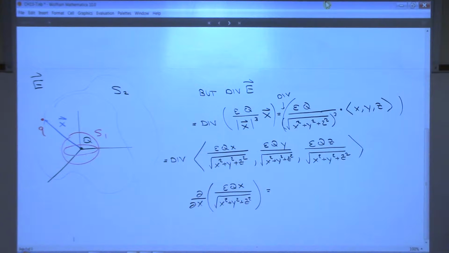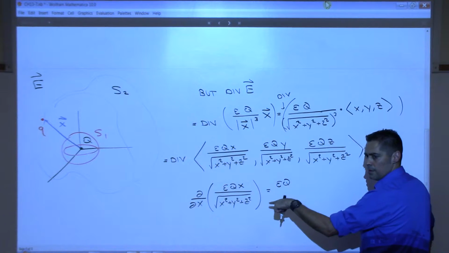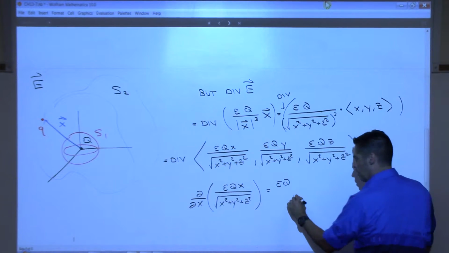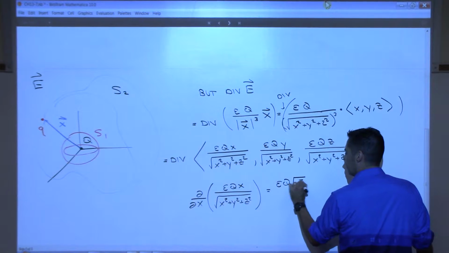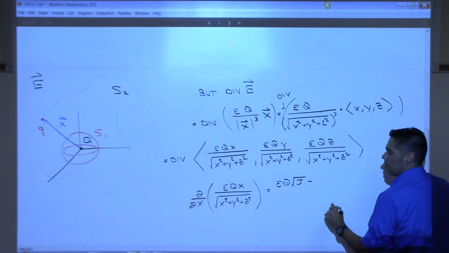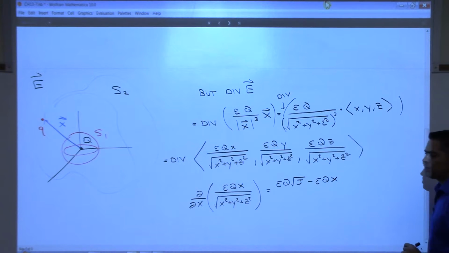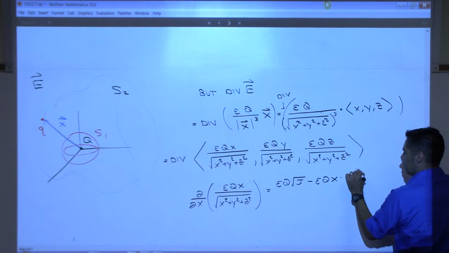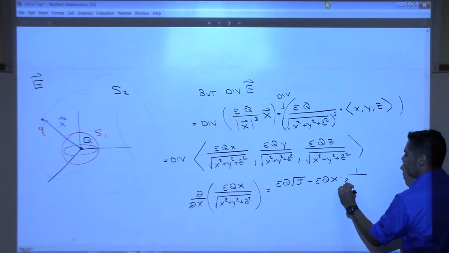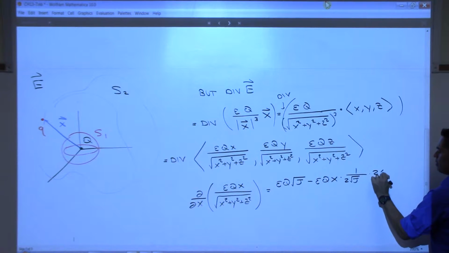Derivative of the top with respect to x, epsilon q, times the bottom. I'm going to call it root junk, right? Minus the top, epsilon q x, times the derivative of the bottom, which is 1 over 2 root junk times the derivative of what's in there, 2x.